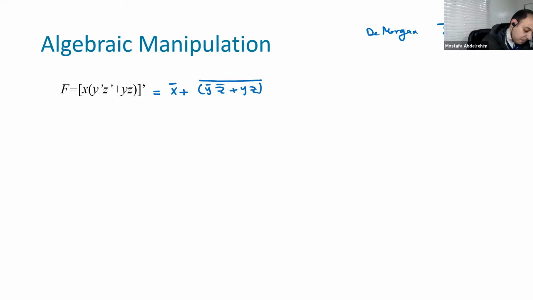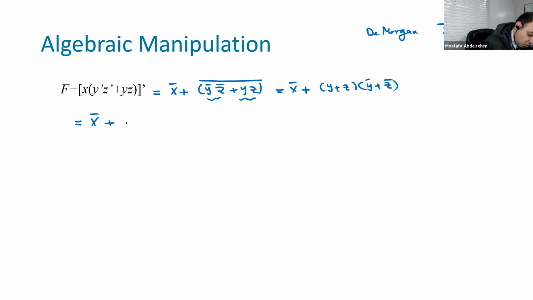Okay, good. So this is equal to x bar and then here you will have two brackets, y or z, then y bar or z bar. Can we do more? Yes, we can. So this is equal to x bar as it is, then distribute y and z over this bracket.